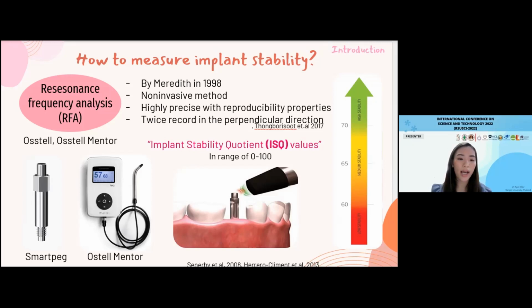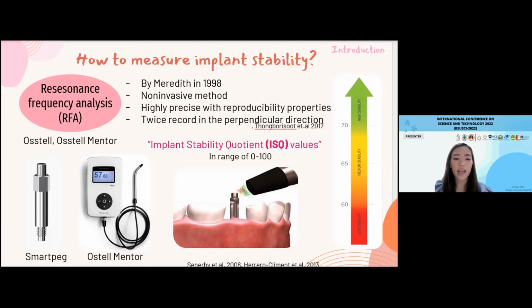The RFA device detects the specific vibration frequency from a piezoelectric transducer and converts it to ISQ, or implant stability quotient, values ranging from 0 to 100. Earlier studies noticed that RFA is a highly precise method with reproducibility. Thus, recording twice in the perpendicular direction is adequate.